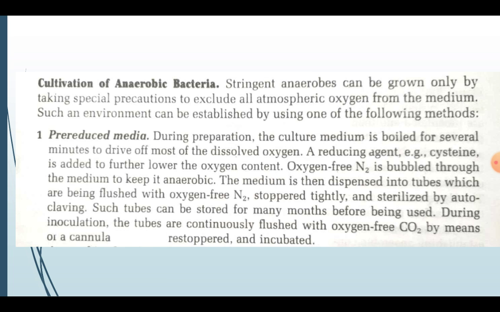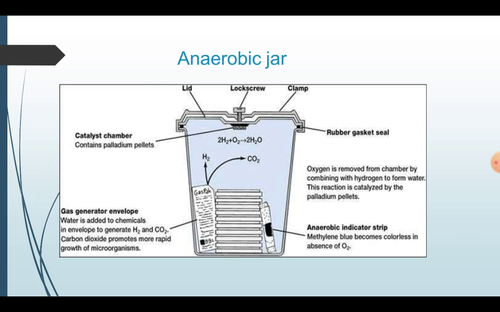A reducing agent, for example cysteine, is added to further lower the oxygen content. Oxygen-free N2 is bubbled through the medium to keep it anaerobic. The medium is then dispensed into tubes, which are flushed with oxygen-free N2, stoppered tightly and sterilized by autoclaving. Such tubes can be stored for many months before being used. During inoculation, the tubes are continuously flushed with oxygen-free CO2 by means of a cannula, stoppered and incubated.